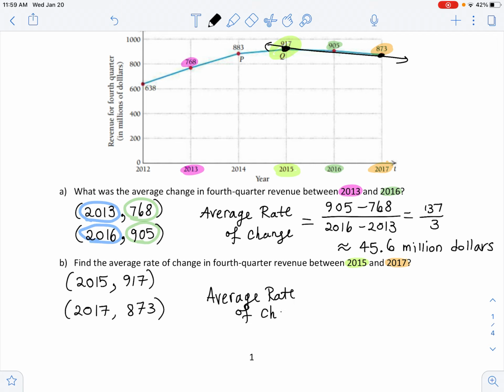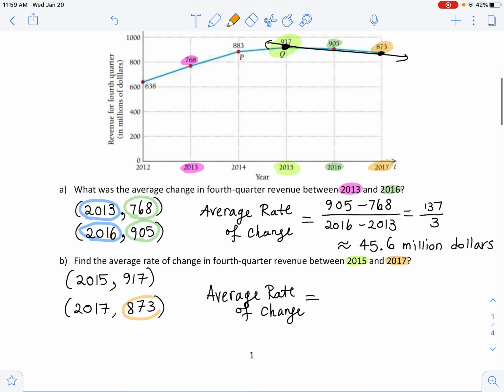I just want to call it m, you know what I mean? Equals. All right, subtract the y values. 873 minus 917 divided by, subtract the x values. 2017 minus 2015. We're looking at a 2-year difference.